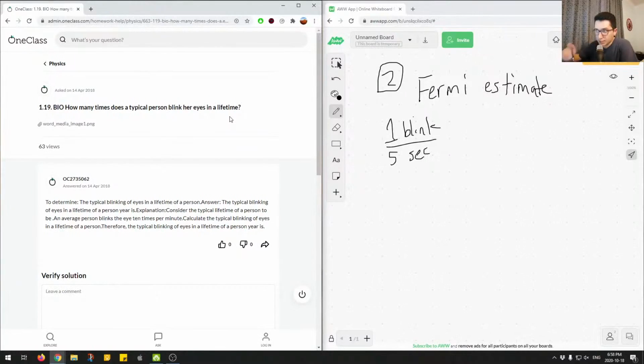And then since we've reasonably thought, okay, it could be a true scenario, we can just build that up over a person's lifetime and calculate how many blinks they would do. So this is our estimate here. We would say one blink every 5 seconds.